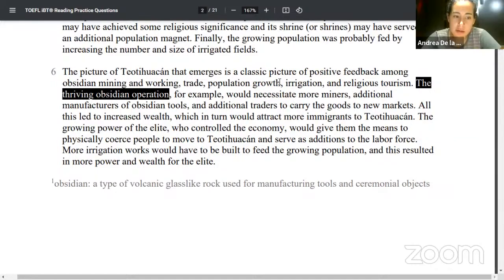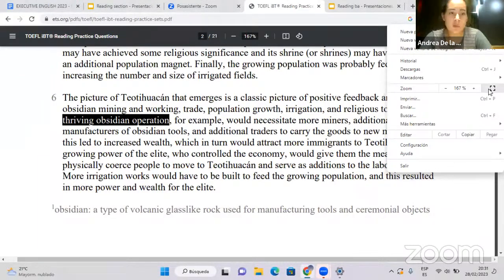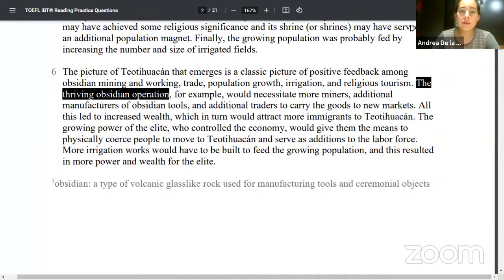Okay, right. So the last one is a little bit about everything, right? How the relationship between all of those factors, which is natural resources, volcanic eruptions, population growth, trade, and so forth, how everything is connected with each other. So it's like a summary of everything. Maybe the conclusion, we could say.